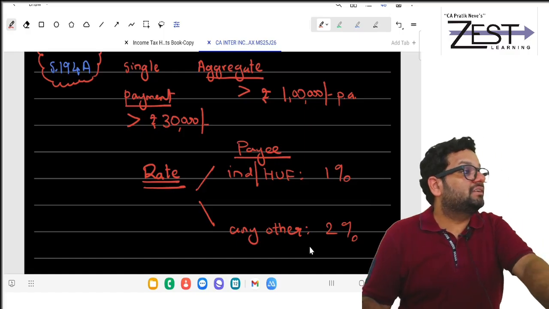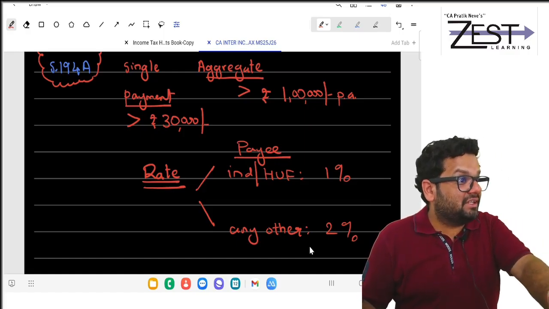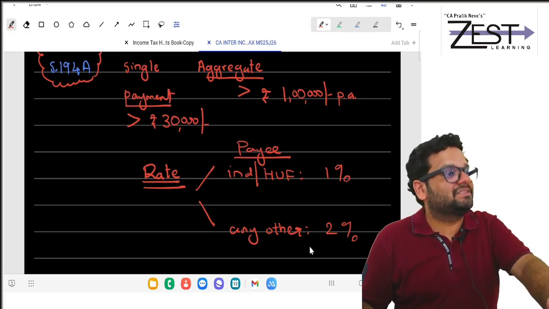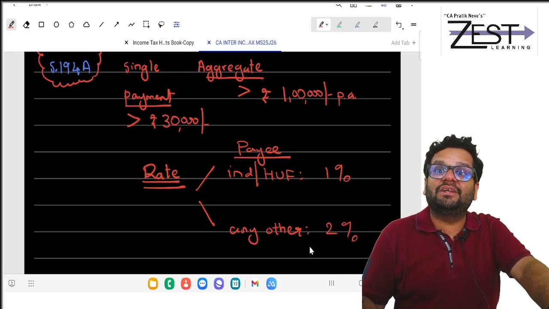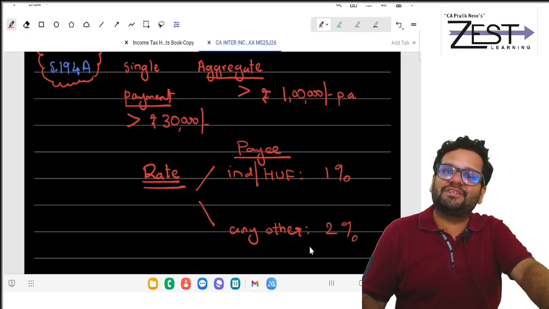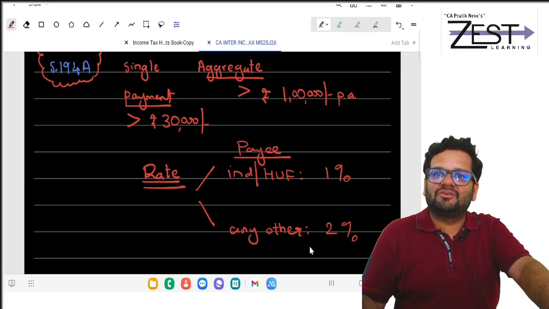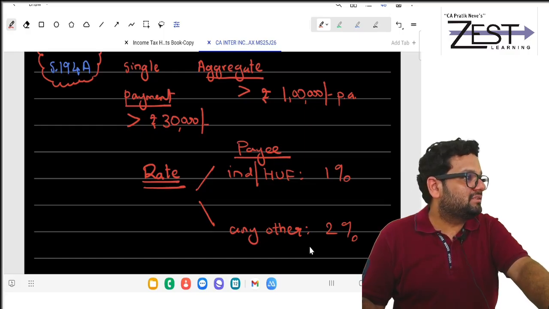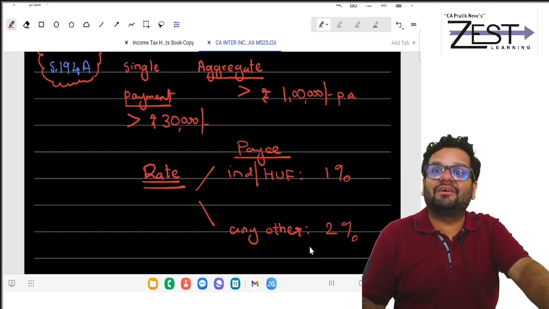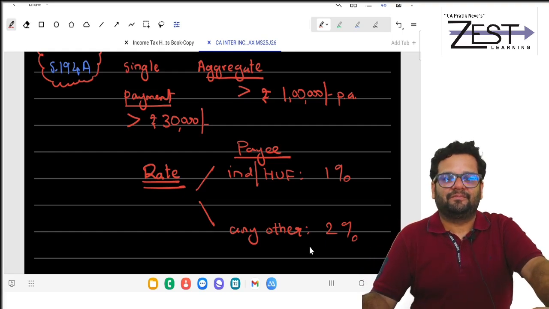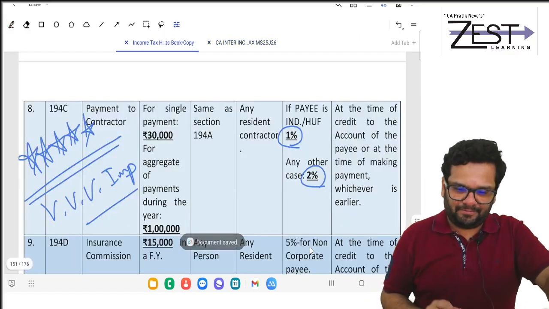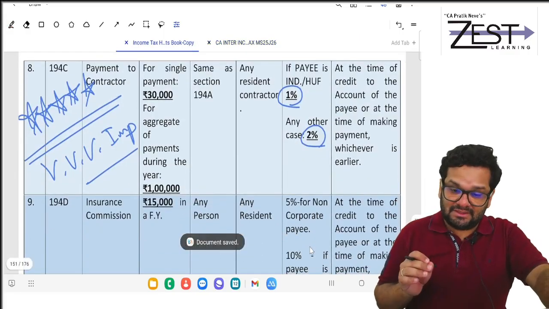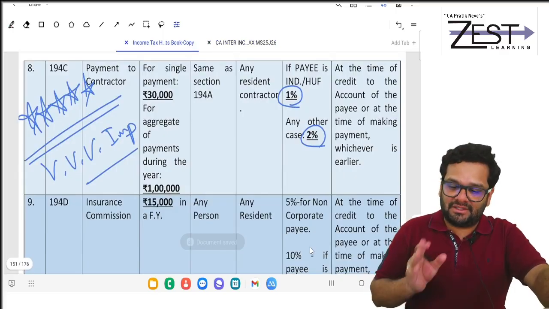Contractors who are earning may not be honest people, so it is good that I do their TDS at 1 or 2% as the case may be, so that the government understands they have earned. Clear? This is your 194C. Very important.